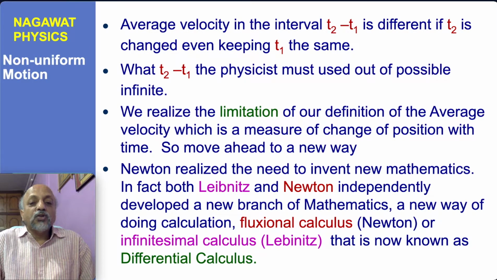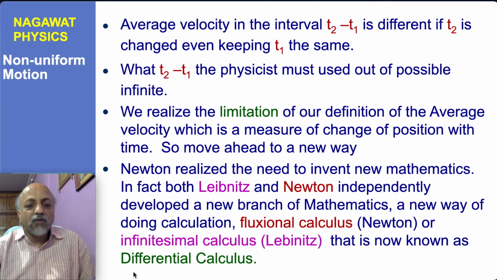So Newton had to invent a new mathematics, and the same mathematics was independently invented by Leibniz. Newton called the new mathematics functional calculus, and Leibniz called it infinitesimal calculus. The two are the same, and now we understand it in better terms as differential calculus.